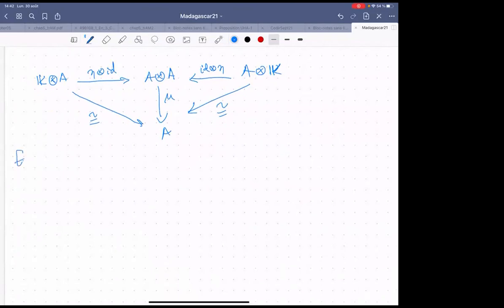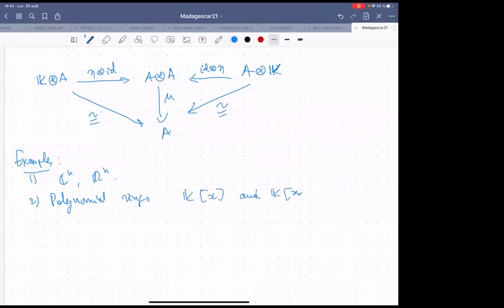What about examples? Lots of examples for sure. Basically we have C^n and R^n, which can be endowed with the structure of associative algebra by the usual multiplication. And we have the polynomial rings K[x], K[x1, ..., xn]. I assume that the polynomials are commutative here.